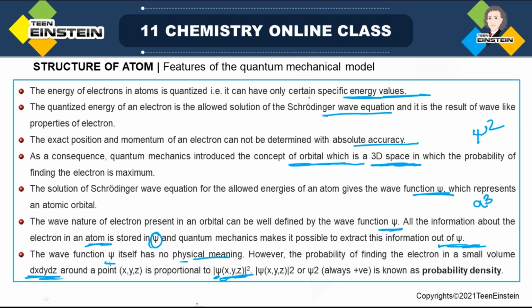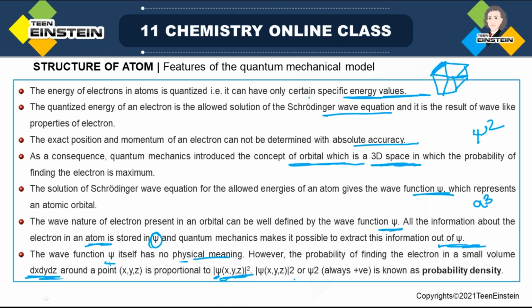Now the probability of finding the electron in a small volume, suppose I am drawing a small volume here, in this small volume the probability of finding the electron you can get from psi square, or psi(x, y, z) square, and it is always positive.